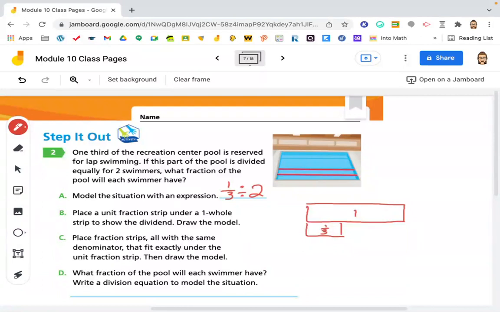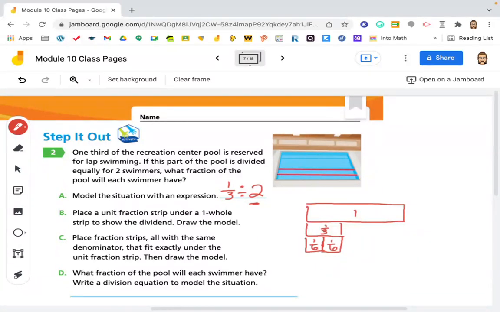Then it says place fraction strips all with the same denominator that fit exactly under the unit fraction strip, then draw the model. And again, we're going to have 2 because we're dividing it by 2. So what can we get 2 of? Well, 3 times 2 is 6, so that's going to give me 1/6, 1/6.